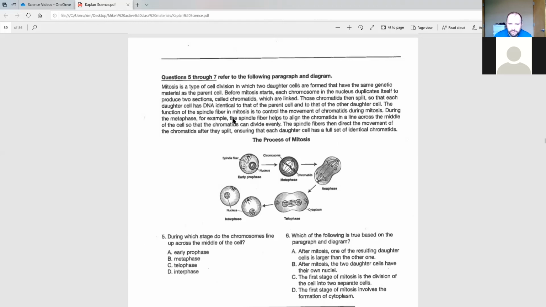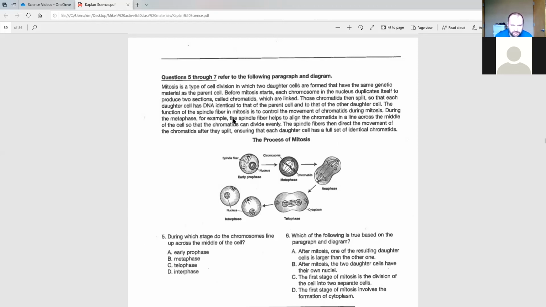Before mitosis starts, each chromosome in the nucleus duplicates itself to produce 2 sections, chromatids, which are linked. Those chromatids then split so that each daughter cell has DNA identical to that of the parent cell and to that of the other daughter cell.